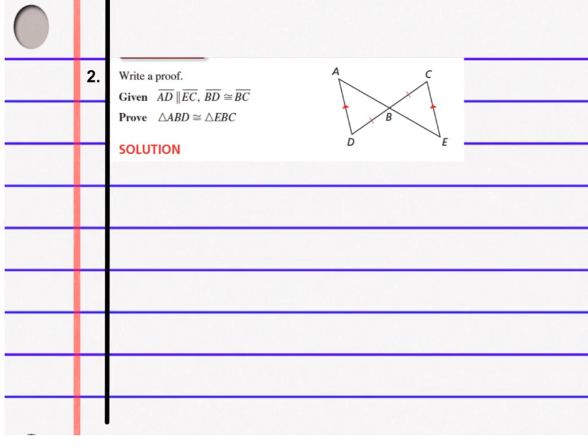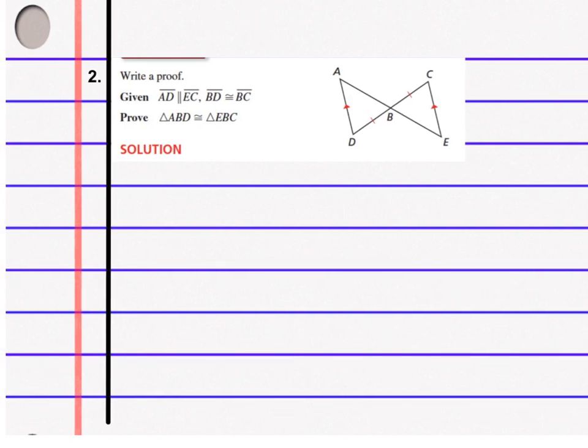All right, write a proof. Given AD is parallel to EC, and those are the little parallel arrows right here, BD is congruent to BC. Prove the 2 triangles are congruent. So I'm going to go ahead and set up my table. I'm going to start with what's given.